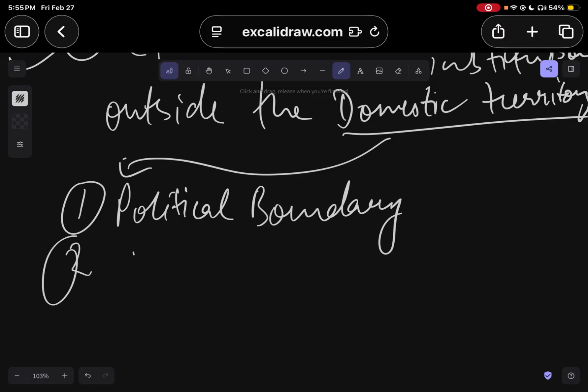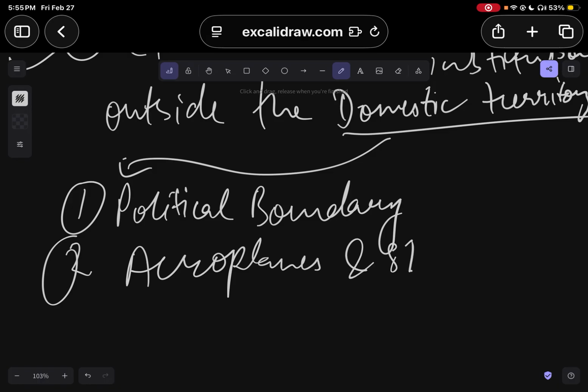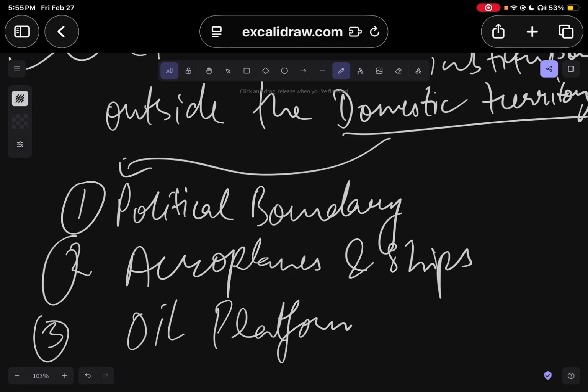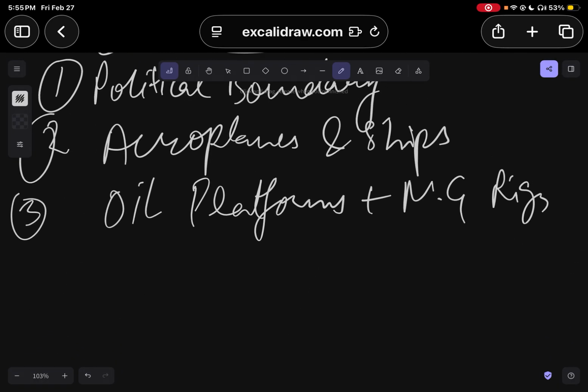Then we have aeroplanes and ships operated by residents of the country, and this also includes companies headquartered in the country. Then third, we have oil platforms and natural gas rigs operated by residents of the country.